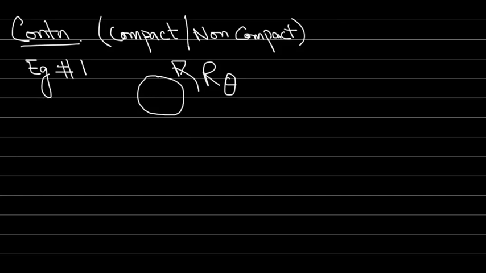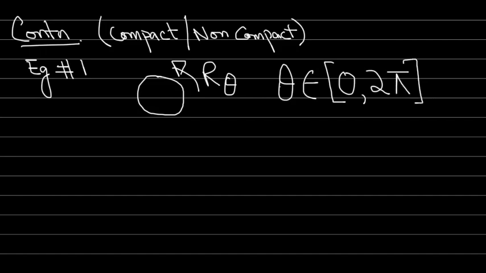Now, know that this theta is limited to 0 to 2 pi, right? And if that is the case, then we have a compact case, right? So that's the compact transformation. It's a continuous compact transformation.